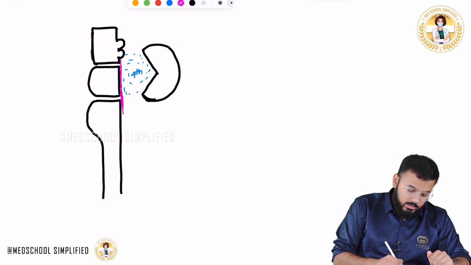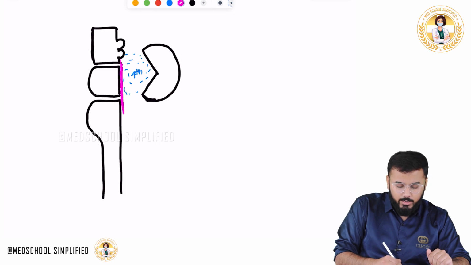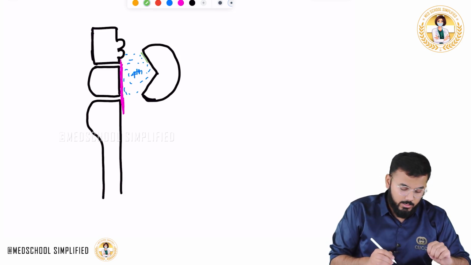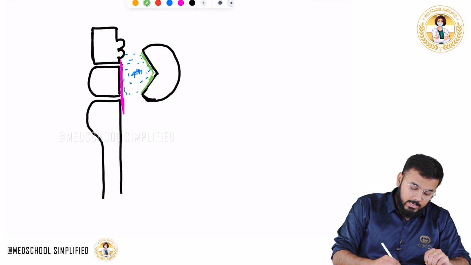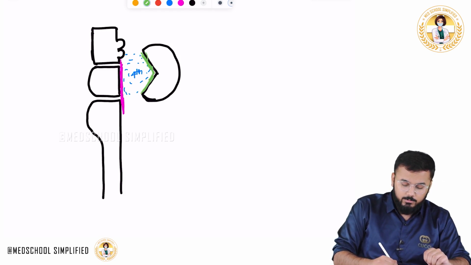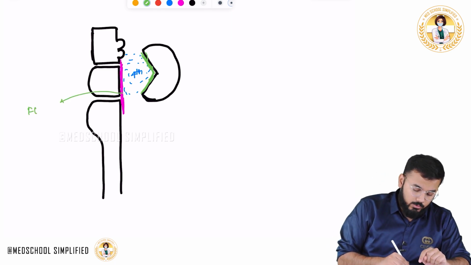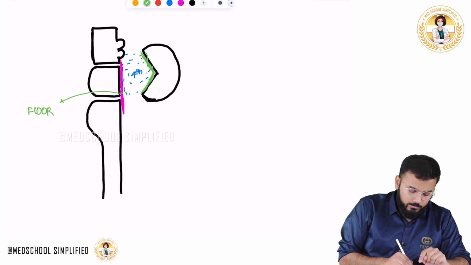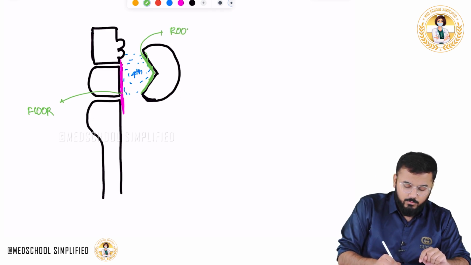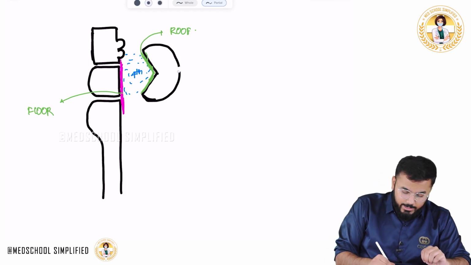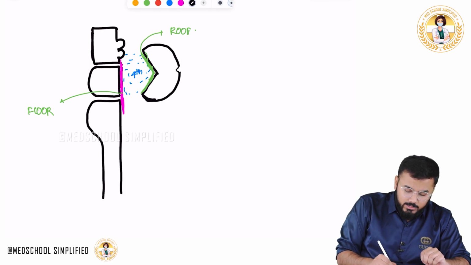For example, this yellow and pink color line which I am drawing becomes the floor of the fourth ventricle, and this green color line becomes the roof of the fourth ventricle. So floor as well as the roof.